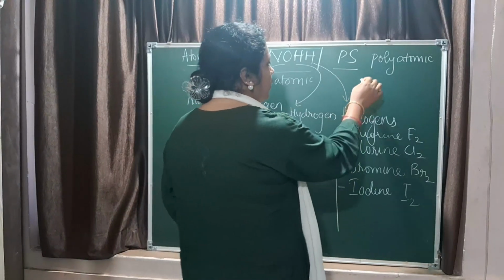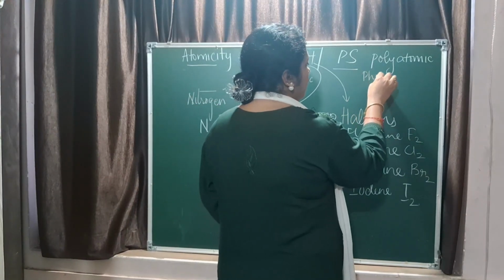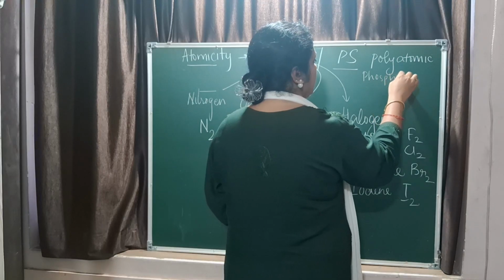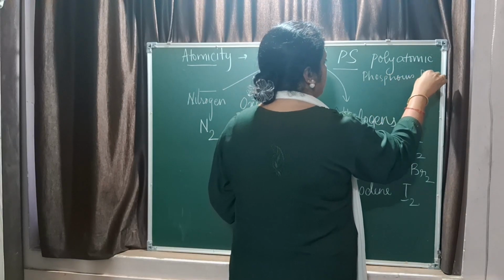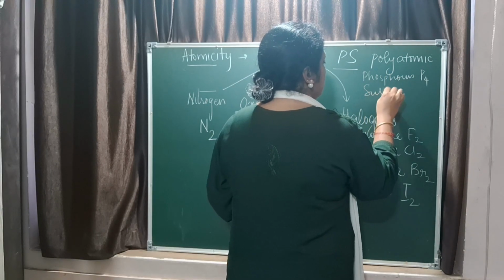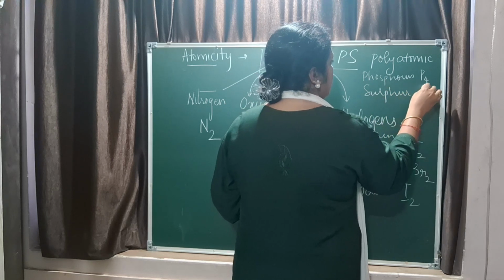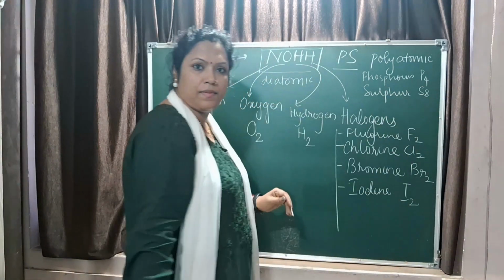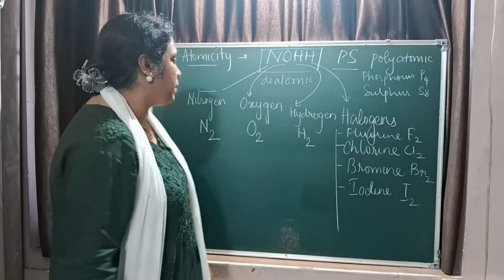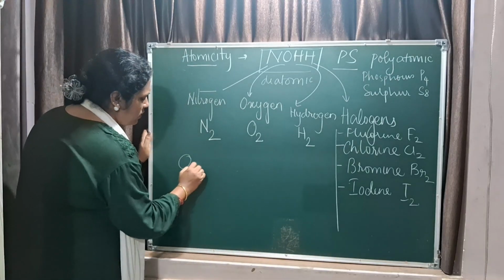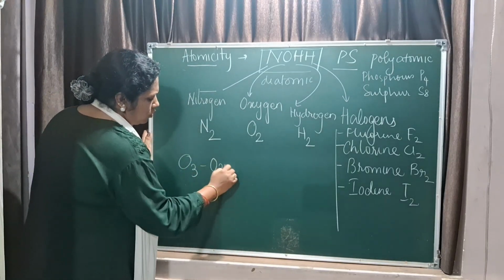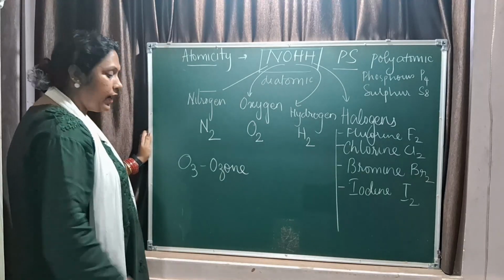When you talk about polyatomic, you have phosphorus, that is P4, sulfur, that is S8. So, these are two polyatomic. There is one triatomic, that is ozone. Ozone is triatomic, right?